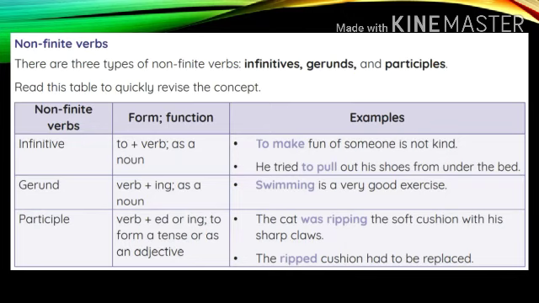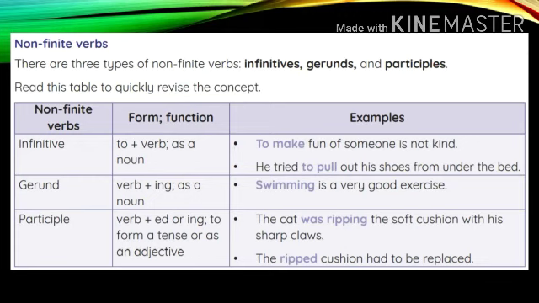He tried to pull out his shoes from under the bed. Then gerund: together with the verb we add the ing form, and thus we get a noun. Swimming is a very good exercise.